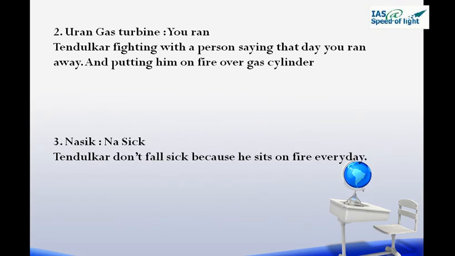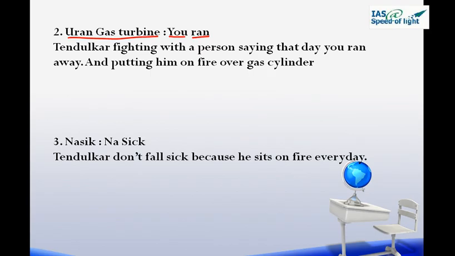Second is the Uran gas turbine. From Uran we get "you ran." So Tendulkar is fighting with a person, saying "that day you ran away." You ran that day, and then he puts him on fire over gas cylinders. Now Sachin Tendulkar, you see how many times he's fighting.